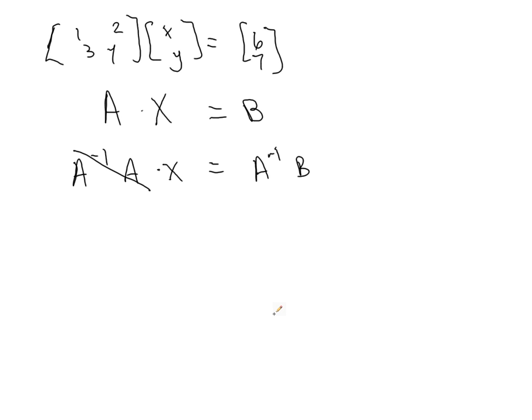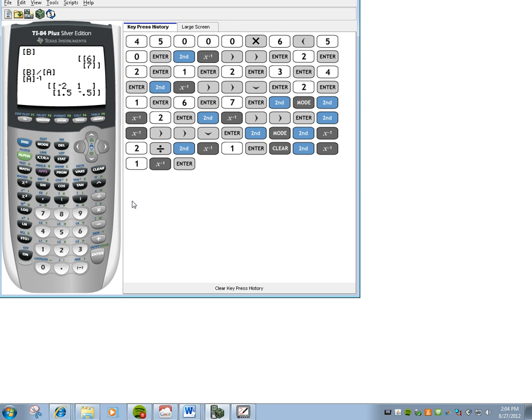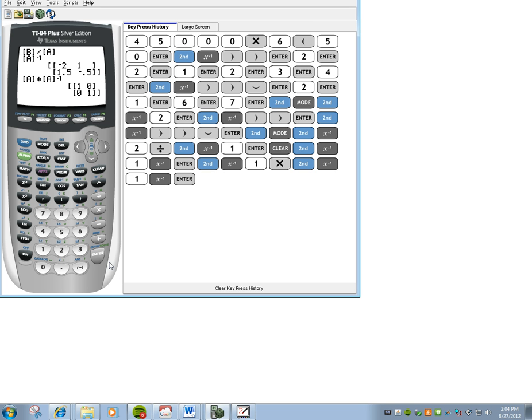Ideally those should come out to 1. Just to prove this, if I take A and multiply it by A inverse, I get something that has just 1s and 0s.